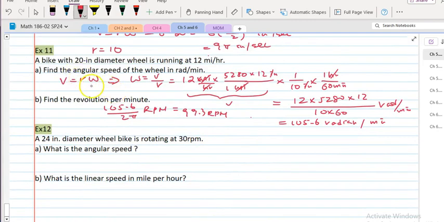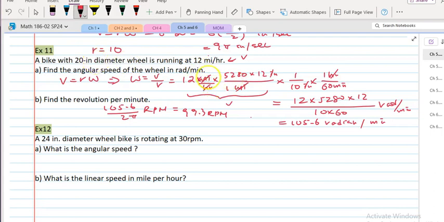So basically what you do is you say omega is V over R. This is V, 12 miles per hour, it's just not in a good unit, because you have miles and hours, our radius is in inches, and we want minutes.